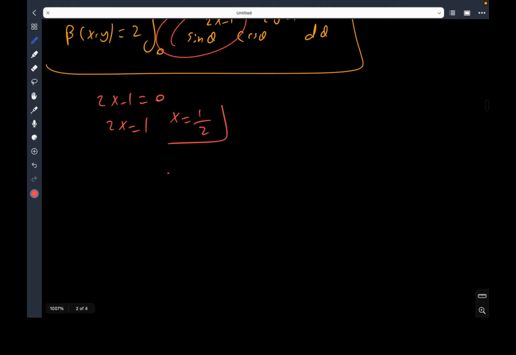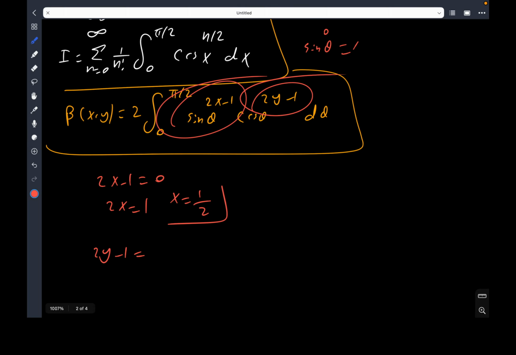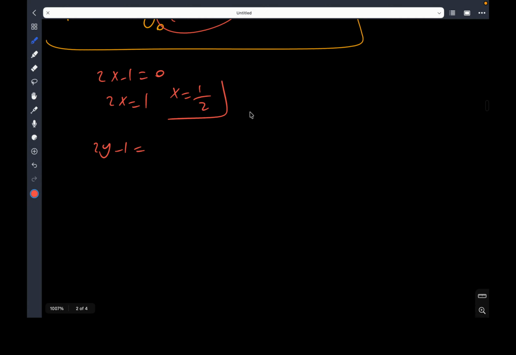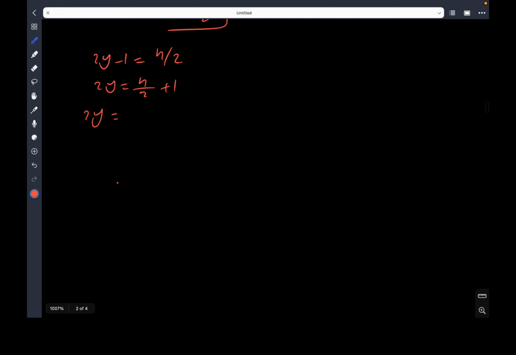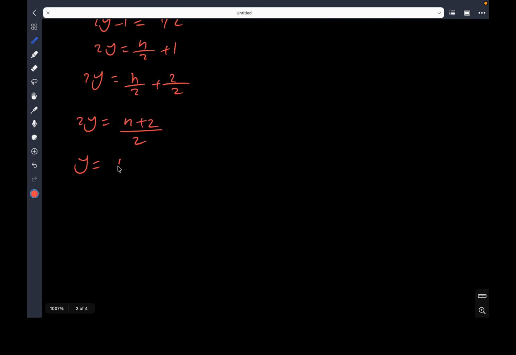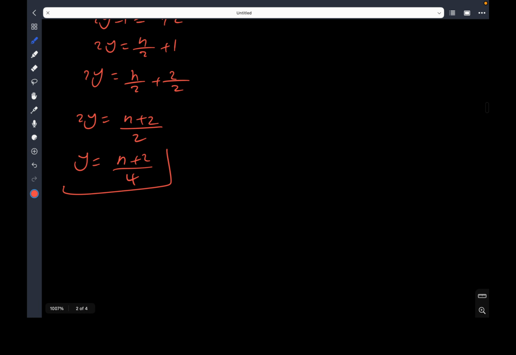And 2y minus 1, which is the power of cosine x, should be equal to n over 2. 2y equals n over 2 plus 1. 2y equals n over 2 plus 2 over 2. 2y equals n plus 2 over 2, and y is n plus 2 over 4. Okay, so now we've matched the powers.